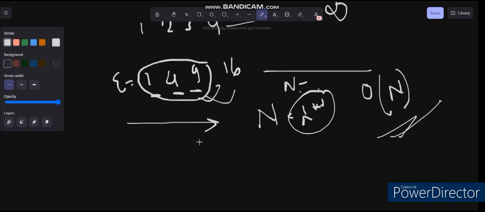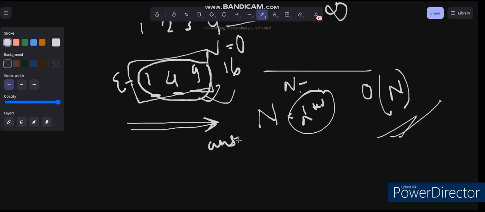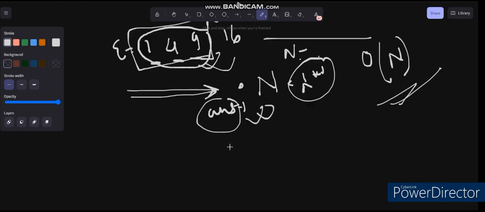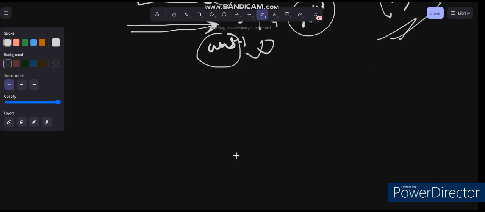So we have 14, 14 minus 1, minus 4, minus 9, and n becomes 0. In that case, we take the answer as I and print the answer. This is a simple linear approach.